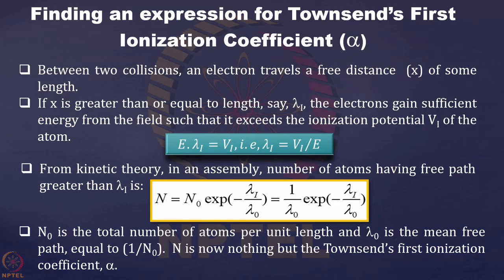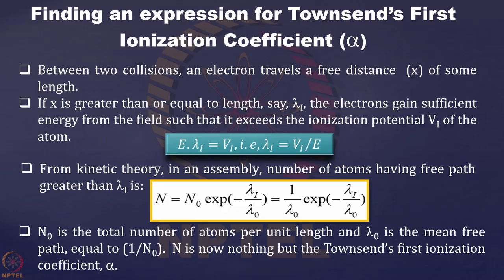So suppose we are having some free path x. What is the probability of having the free path x? If there are n0 number of, say, atoms, then the number of free paths that will be available is n0 e to the power minus x by lambda 0, where lambda 0 is the mean free path.